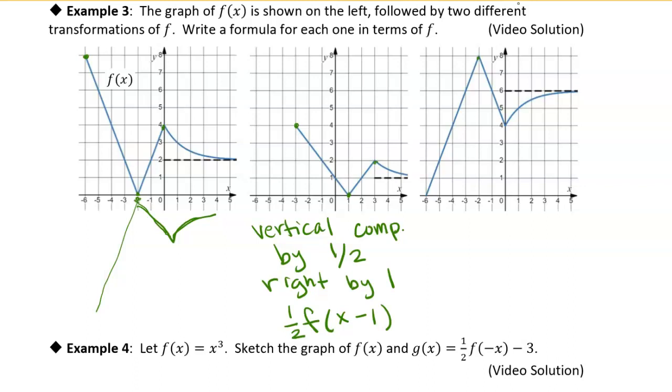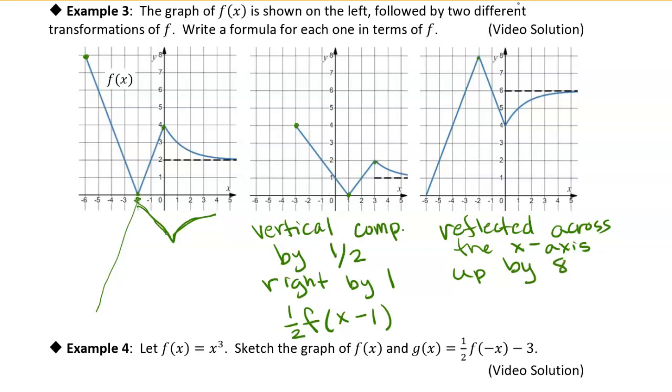So let me write that down. It's reflected across the x-axis. That turns it upside down, and then it is shifted up by 8.